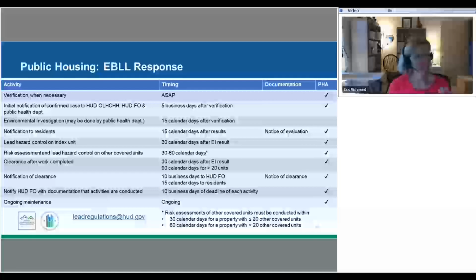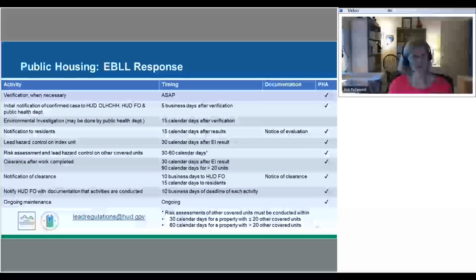Then we have to do initial notification of that confirmed case, and you need to notify HUD, Office of Lead Hazard Control and Healthy Homes. That's what OLHCHH stands for. You also need to notify the HUD field office as well as the public health department.